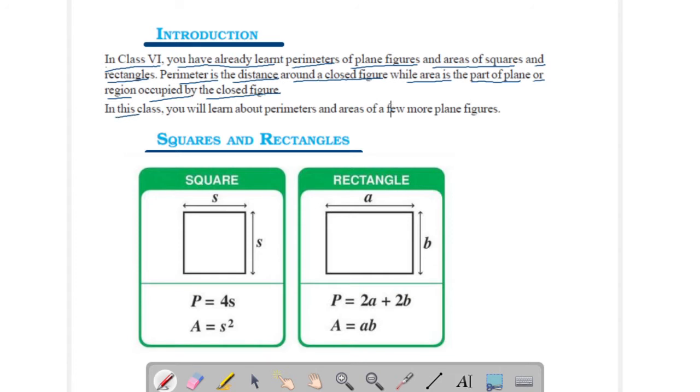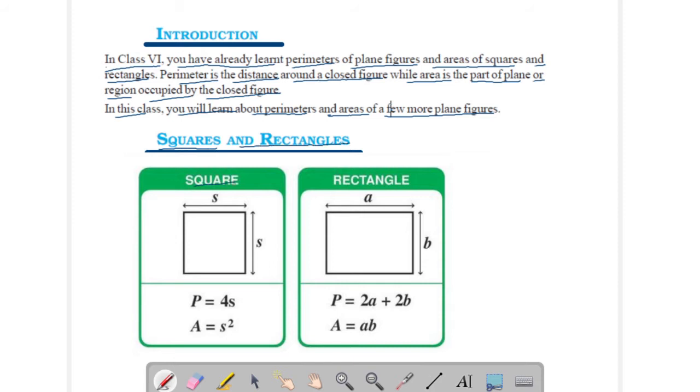In this class, we will learn about perimeters and areas of few more plane figures, squares and rectangles.